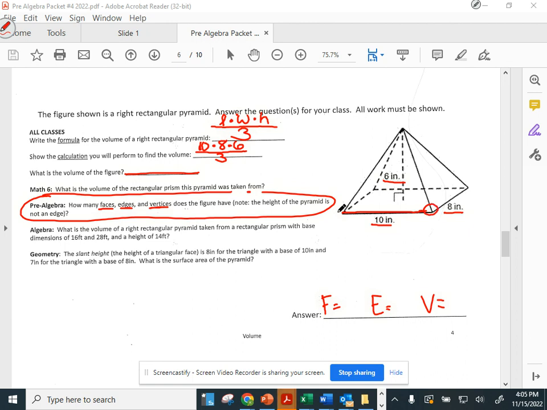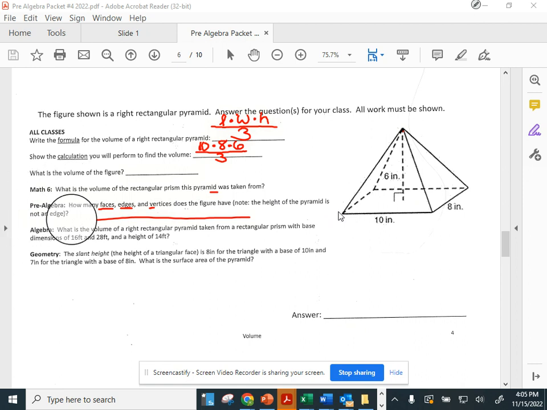So note that the height of the pyramid is not an edge. That's just going from the middle up to the top. So that's not an actual edge. So don't count the height in those edges. So make sure that you have your 3 numbers on the line down here for the face, the edge, and the vertices.